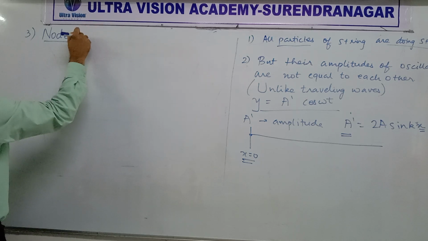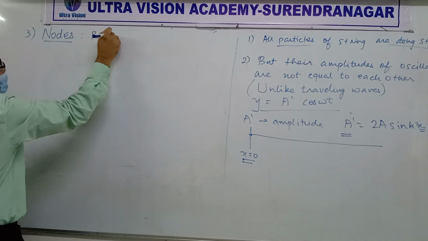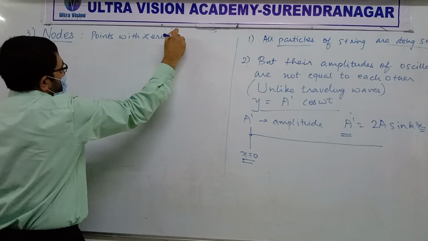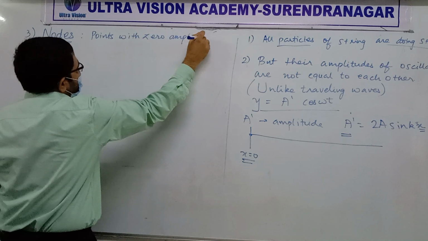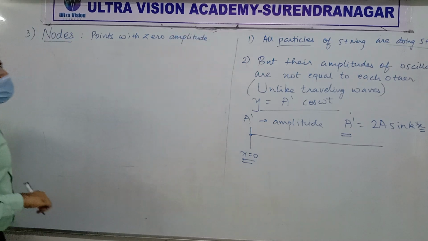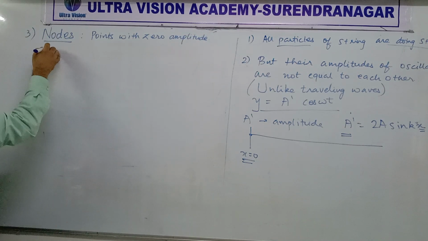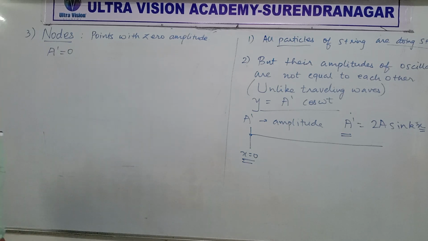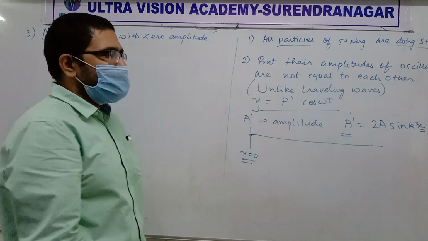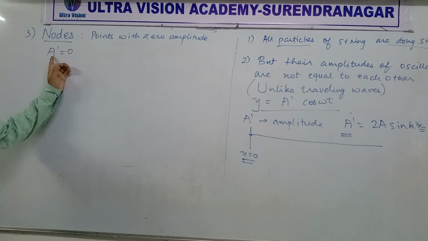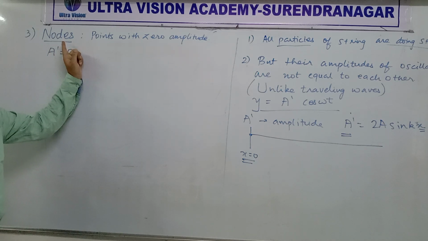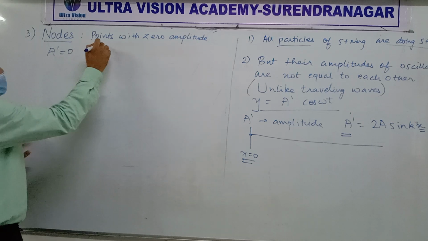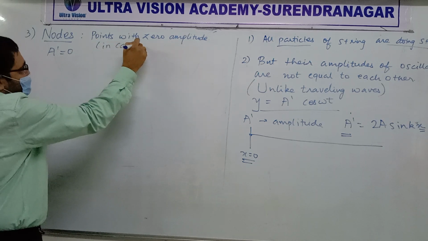Nodes are points with zero amplitude. That is A dash equal to 0. Okay, definition clear? Nodes are points with zero amplitude in case of stationary waves.